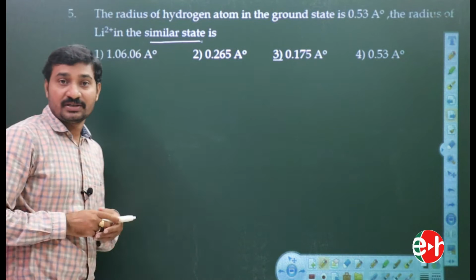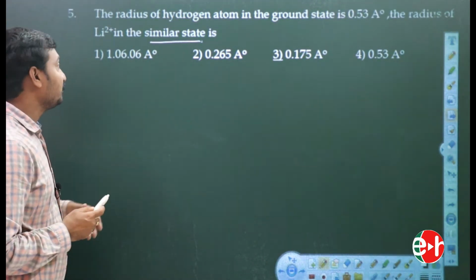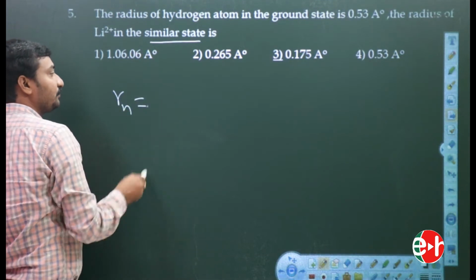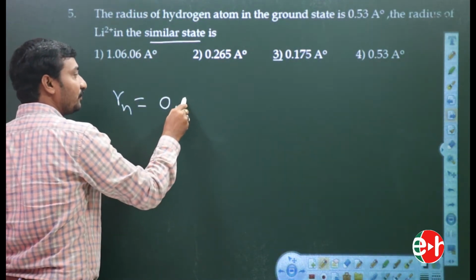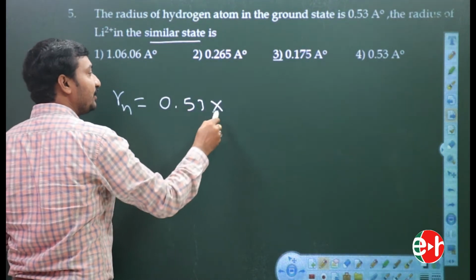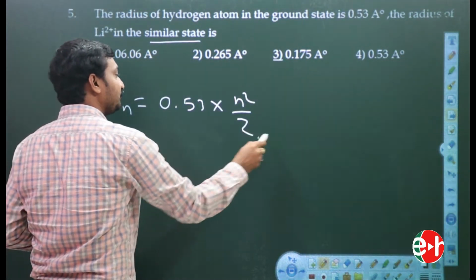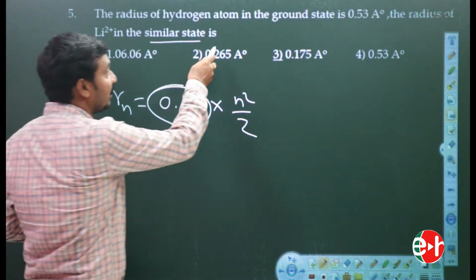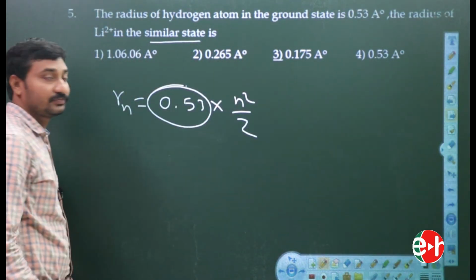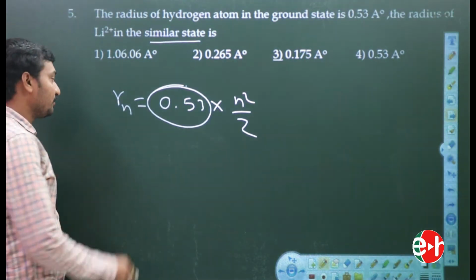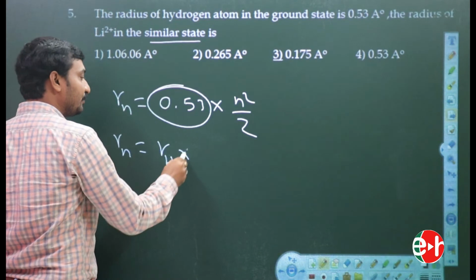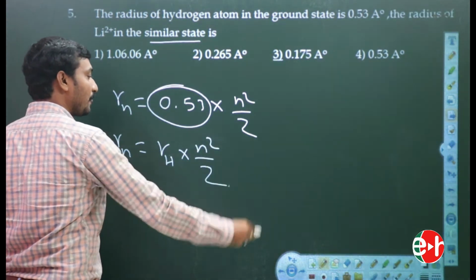We know Rn is equal to 0.53 into n square by z, where 0.53 is the given radius of hydrogen atom, so Rn is equal to RH into n square by z.